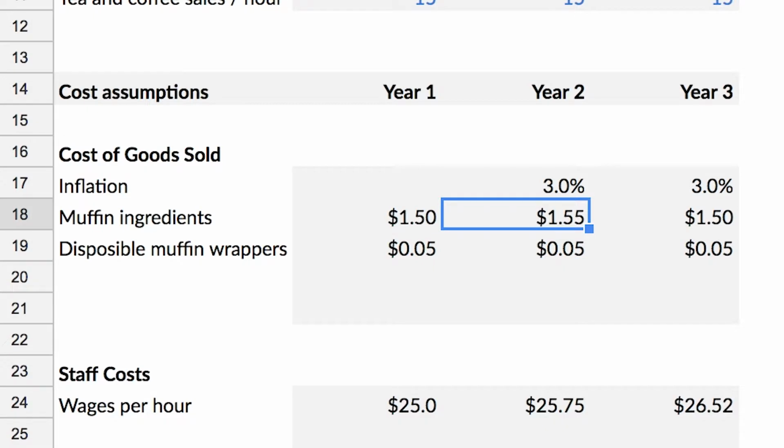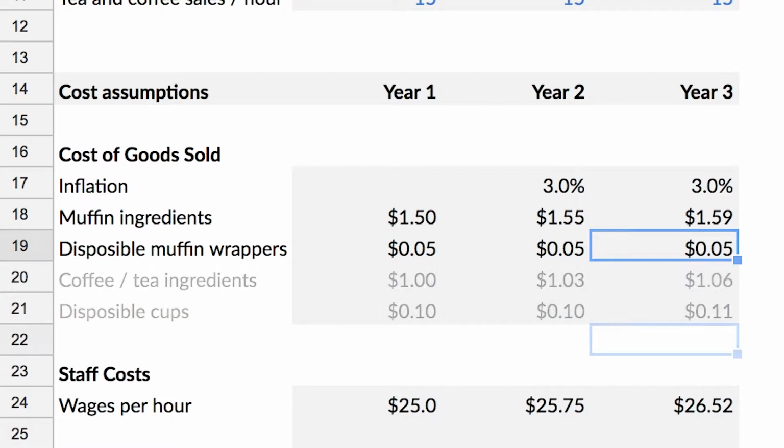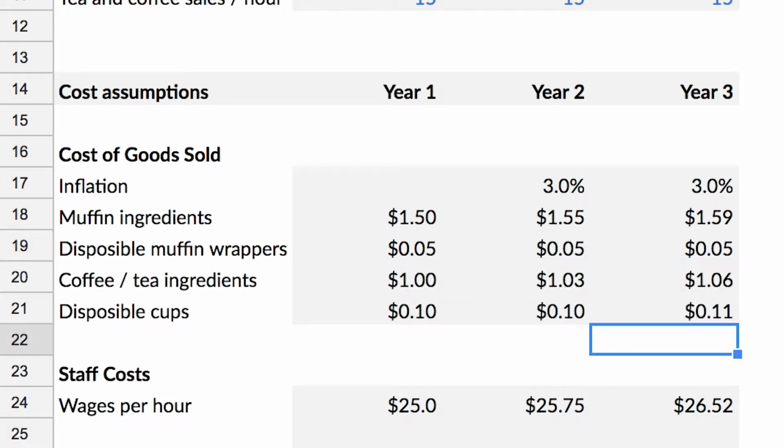So instead of costing us $1.50 in year 1, it's going to cost us $1.55 in year 2, and that impact is going to compound in year 3 because we're going to have the first year's inflation as well as the second year's inflation. So if you copy that formula over, it will still work and it'll give us a price of $1.59 in year 3. Let's figure out if we've got all the cost of goods sold that we need to calculate our formulas.